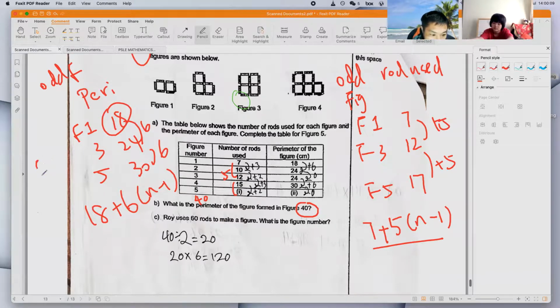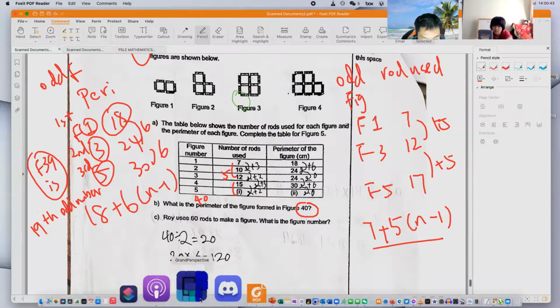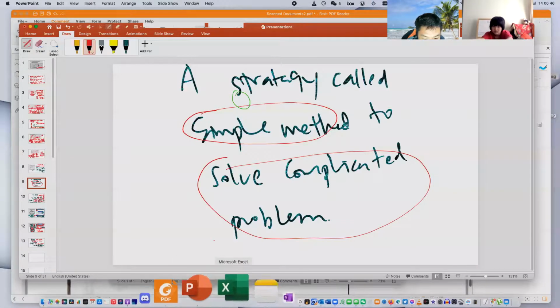Because figure 1 is the first odd number, 3 is the second odd number, 5 is the third odd number. 39 is how many odd number? 39 is the 19th odd number? I don't know how to calculate this. This one you just count accordingly.